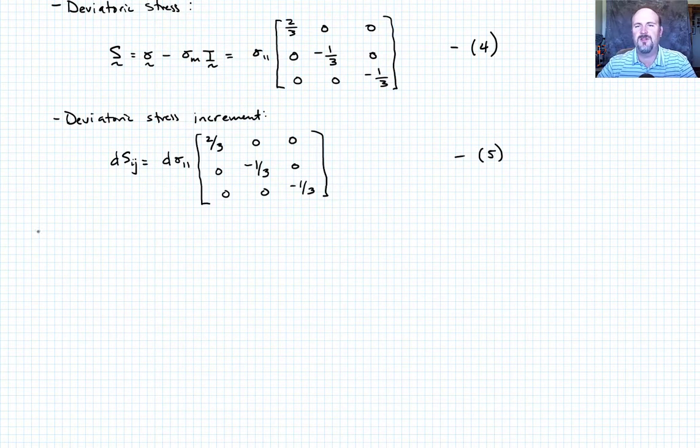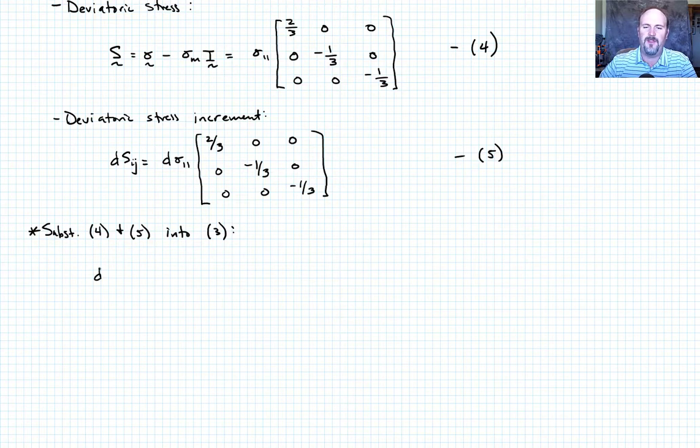Now let's go ahead and substitute equations 4 and 5 into equation 3. When we do that, we have d epsilon ij plastic equal to g. I'm just going to remind you it's a function of sigma and q. The next term was s_kl d s_kl.